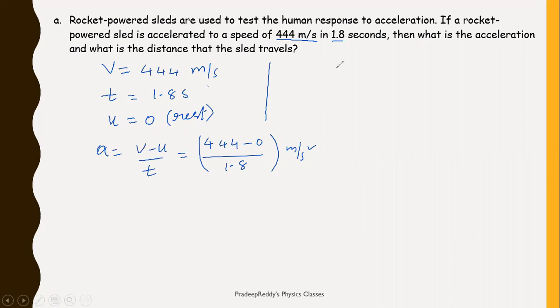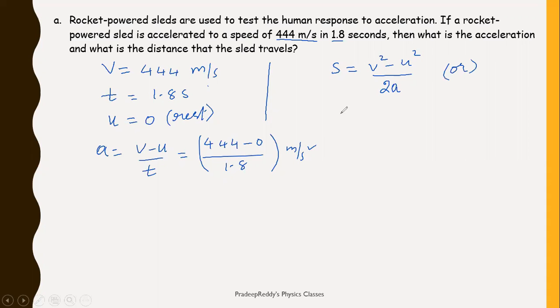You have the relation: distance traveled S is equal to v square minus u square divided by 2a. You can even use S is equal to ut plus half at square, because time is given.